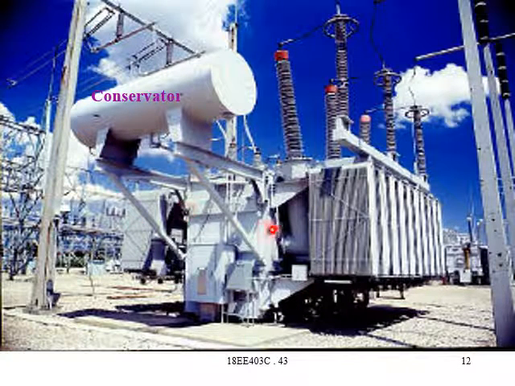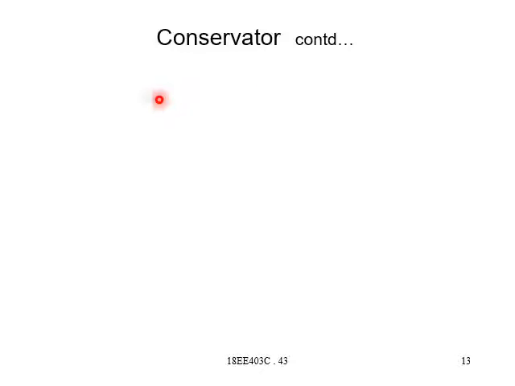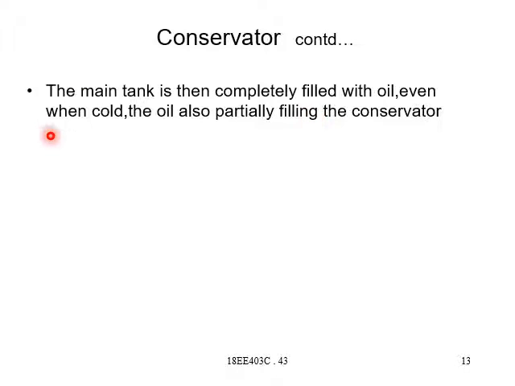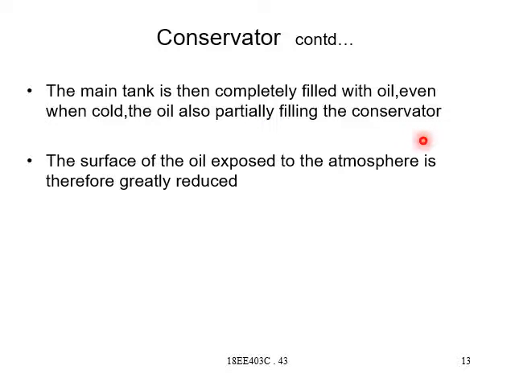Moving on to the next slide, the continuation of conservator. So the main tank is then completely filled with oil. Even when cold, the oil also partially fills the conservator.